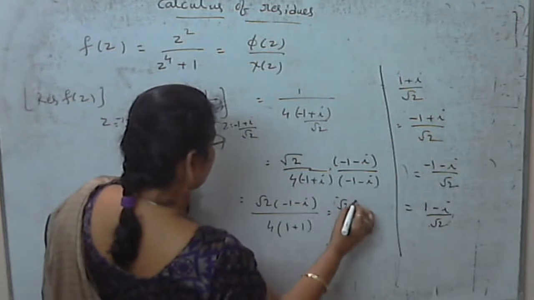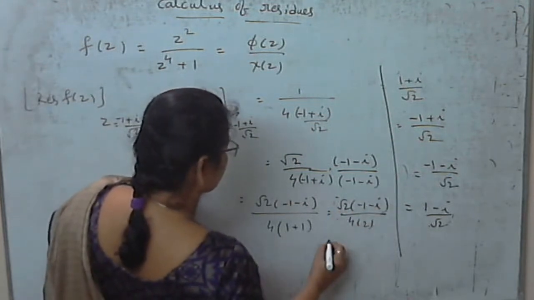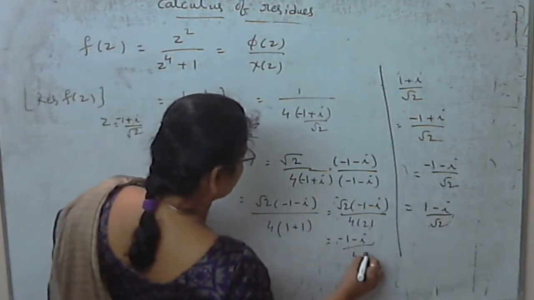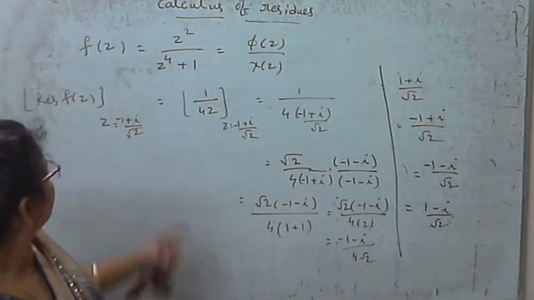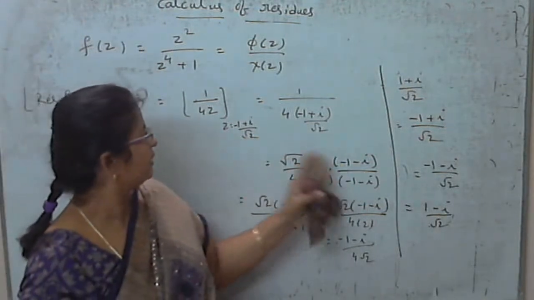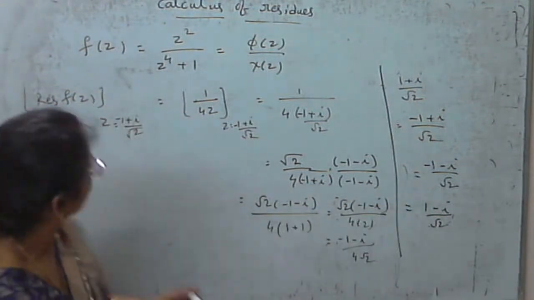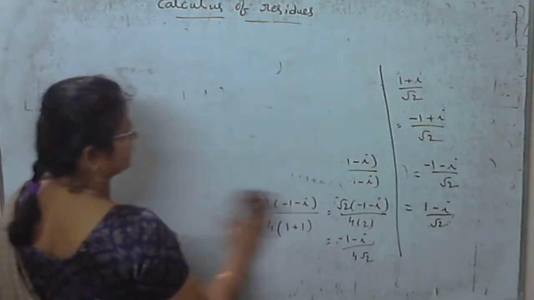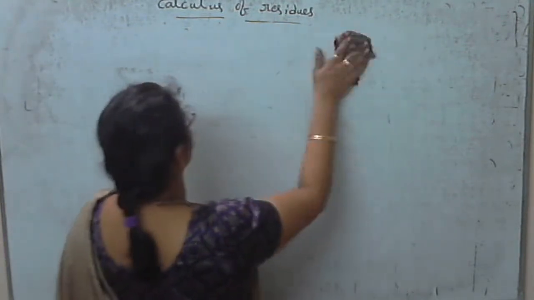So root 2 into (minus 1 minus i) by 4 into 2, so (minus 1 minus i) by 4 root 2. In the same manner, you can calculate the residues for the remaining poles also. This is one more example. Now let us go to another example. So this is the easiest way to find the residues.